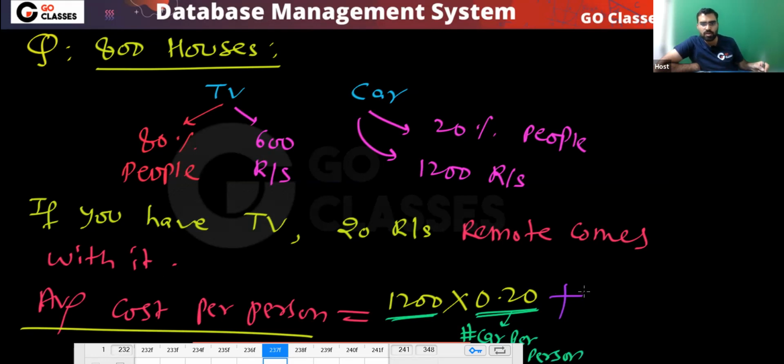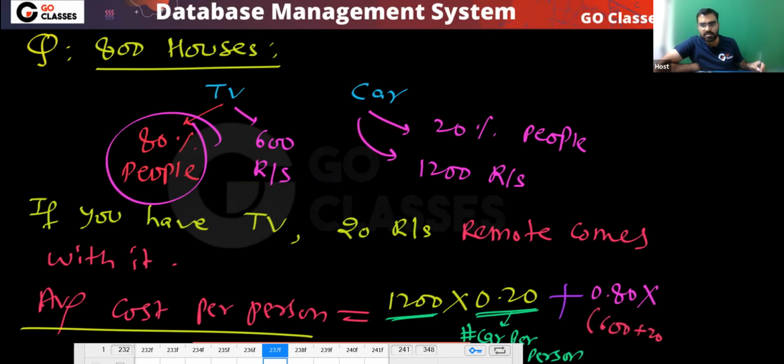Plus, you will do, see, only 80%. One person has this much amount of TV, and this is the cost of TV. Do you agree that the cost of the TV becomes this? Very simple. So this is your answer.